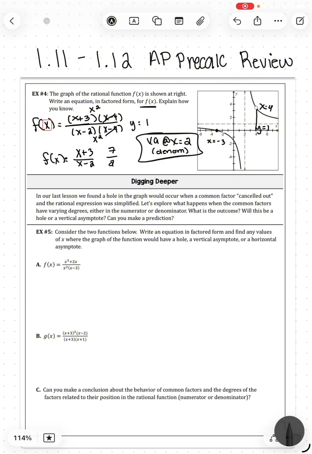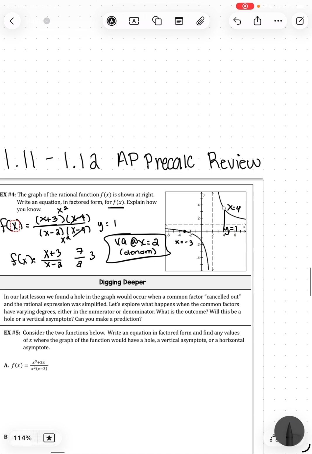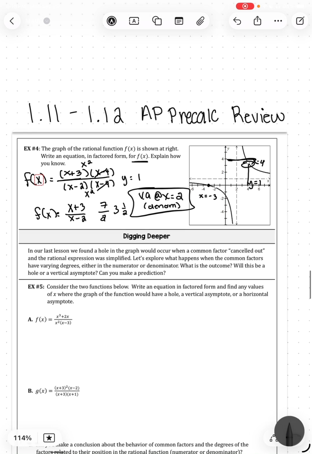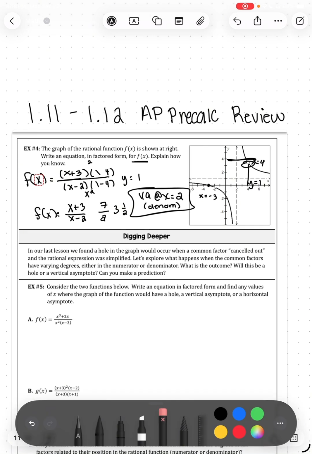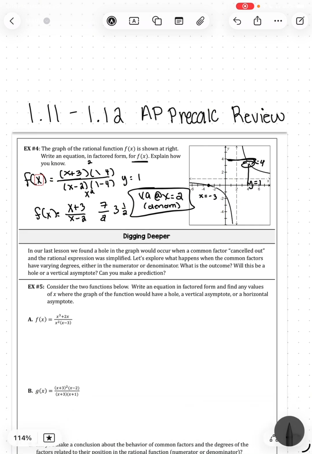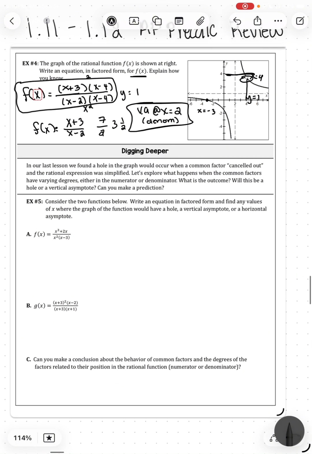And we can see that that is around 7 over 2, because 7 over 2 is equal to 3 and 1/2, and we are right below the 4. So that is about 3.5. Okay, moving on.